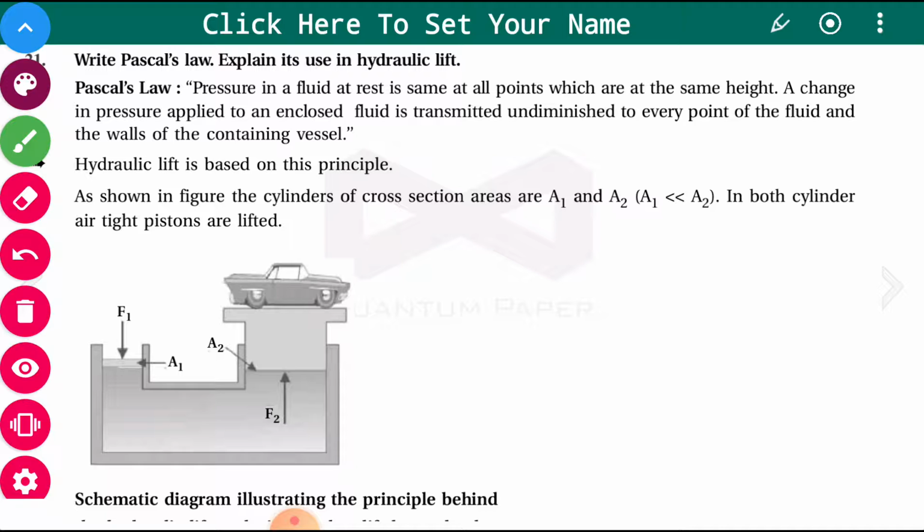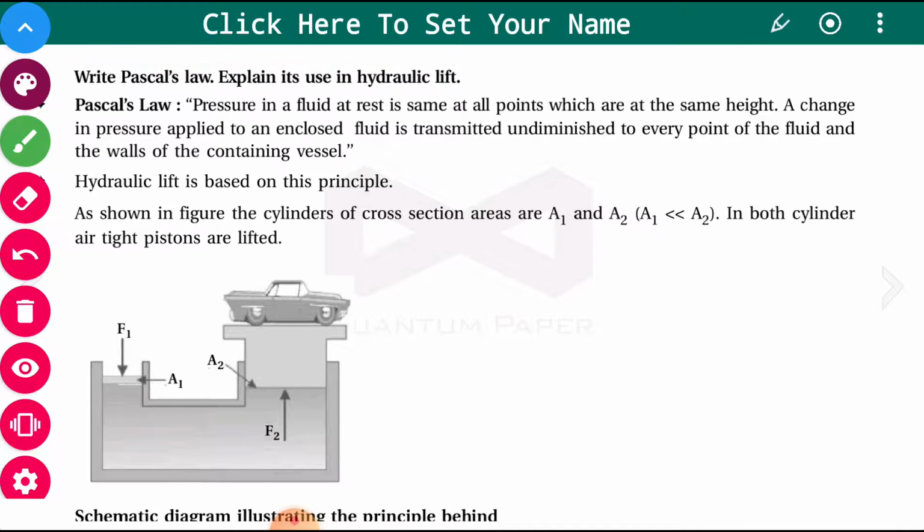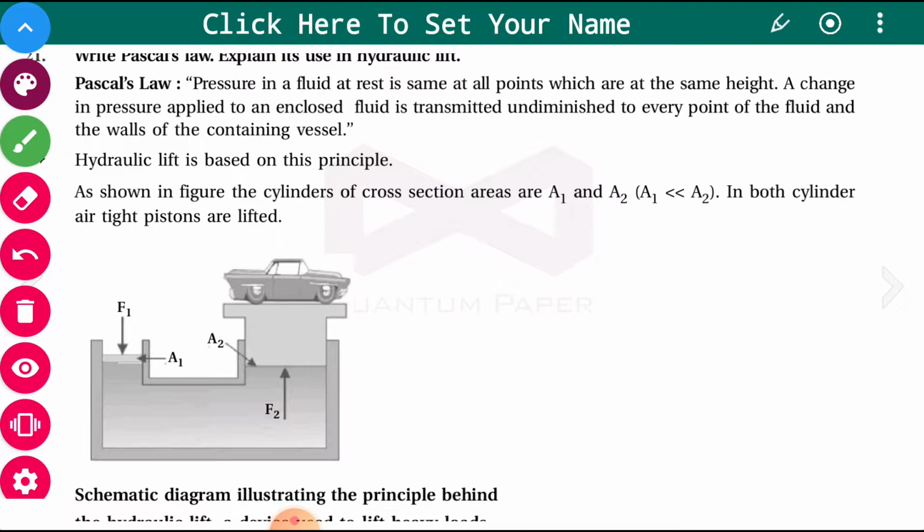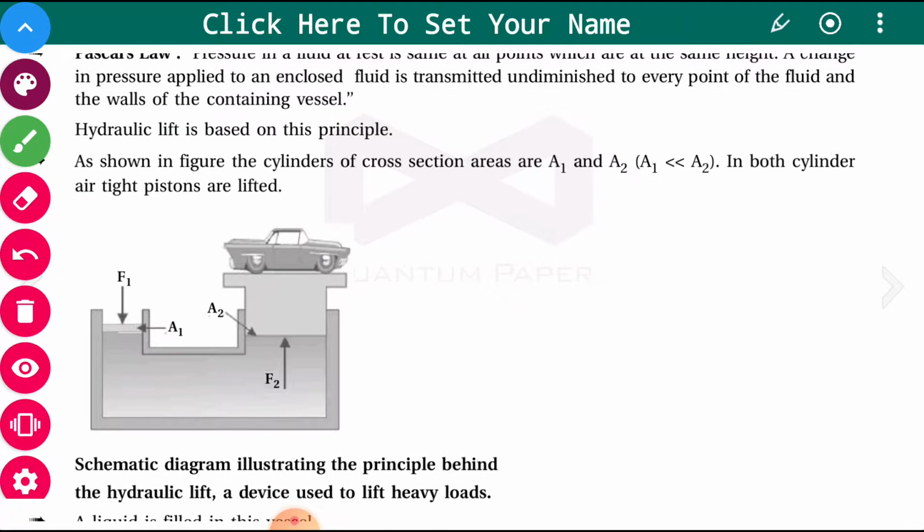So Pascal's law is very useful in designing the hydraulic lift.